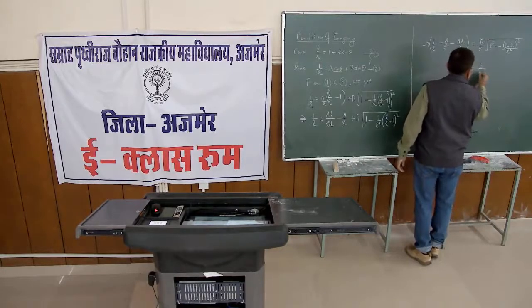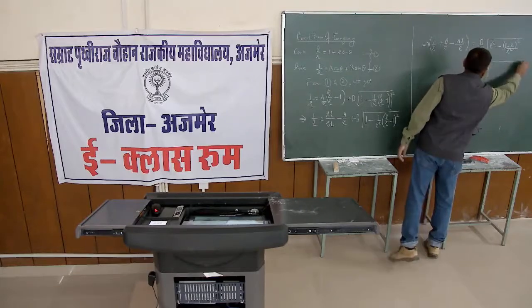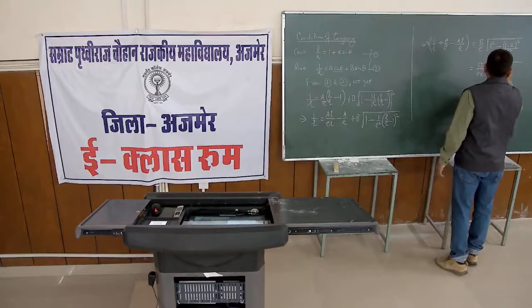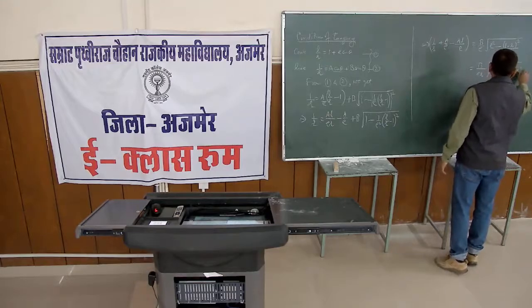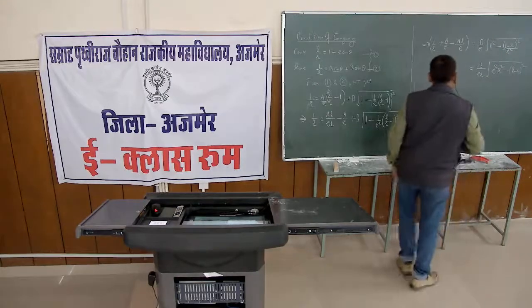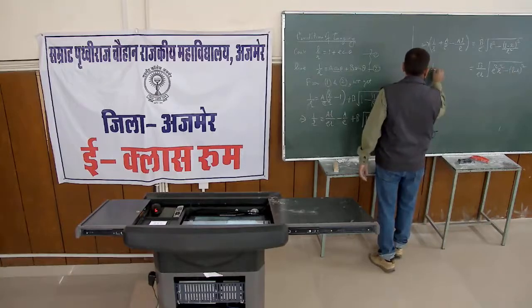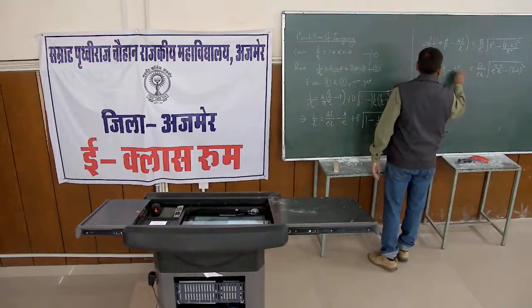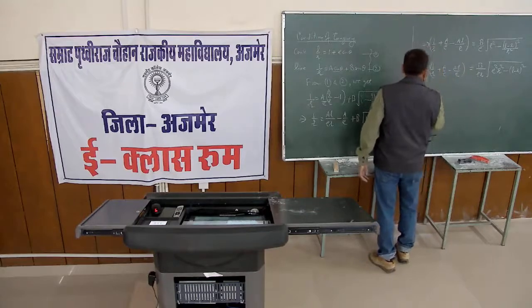B by er root e square minus (L minus r) whole square. Squaring both sides.